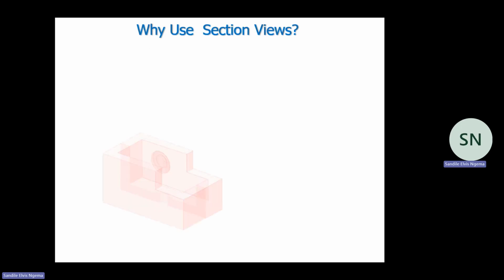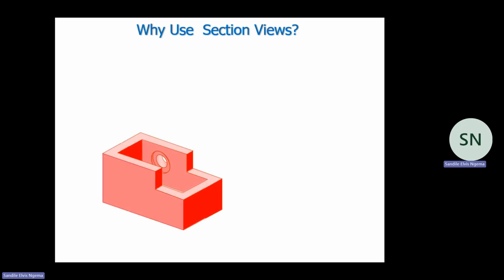Now let us look at our first drawing. This is our first block that we are going to look at to recall what we have studied from engineering drawing N3 when it comes to the basics of sectional drawing.